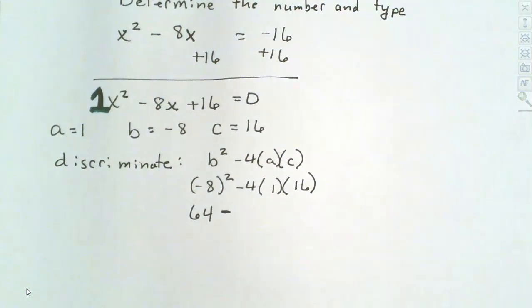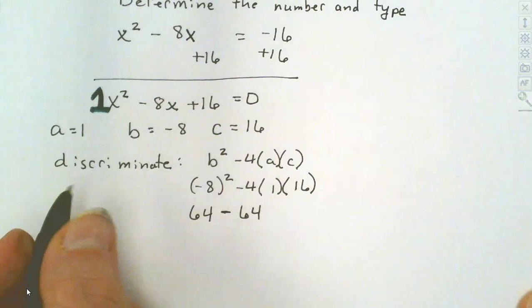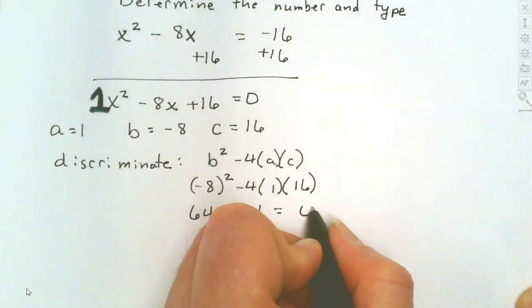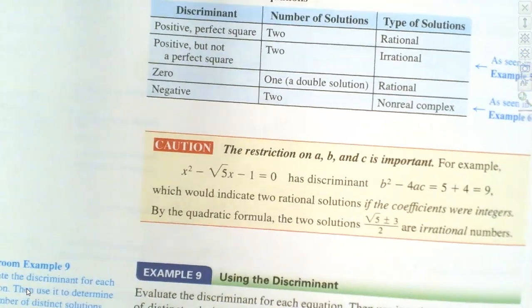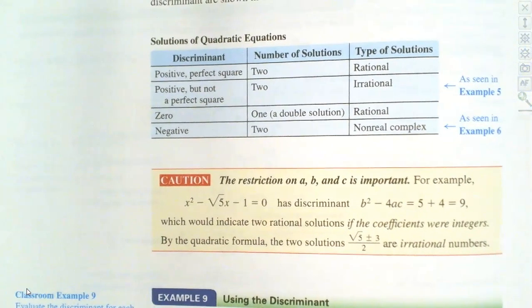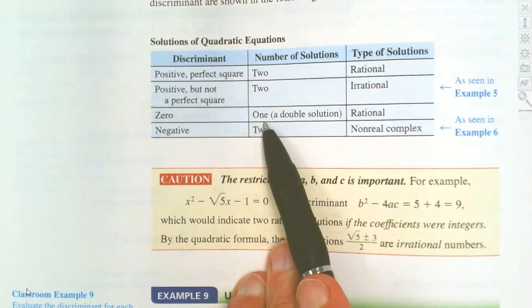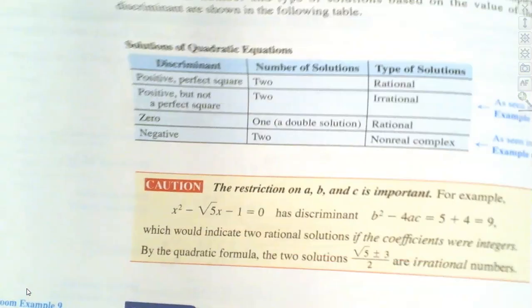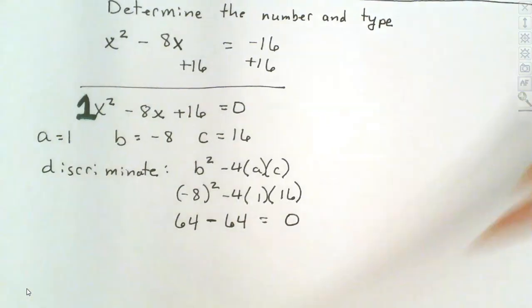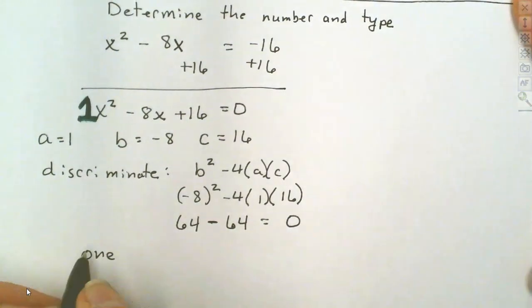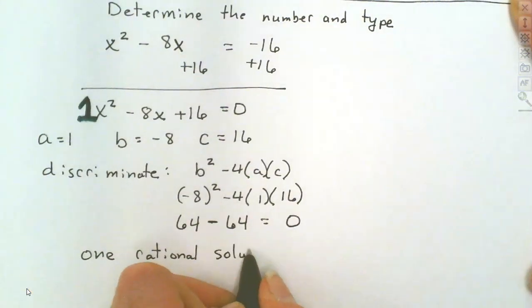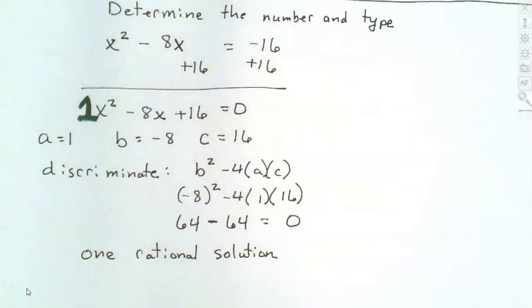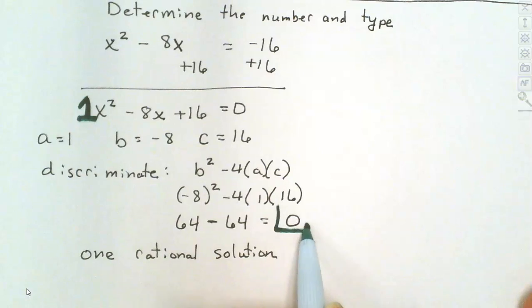And 4 times 16 is also a 64. And that gives you then a discriminant of what? 0. Okay? So we know this one's 0. So refer back to your chart. And so what do we know here? We know it's 0. So how many solutions do we have? 1 rational solution. So 1 rational solution because your discriminant is 0.